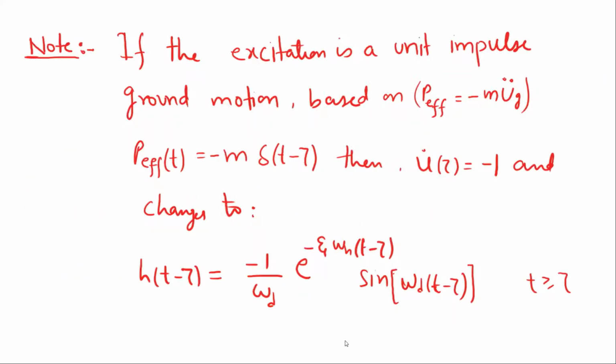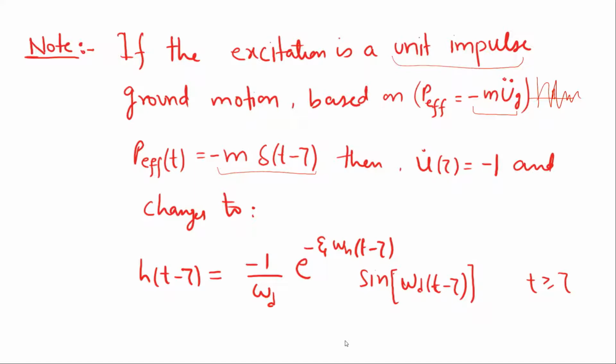So if the excitation is a unit impulse, unit means one value, for ground motion the P effective equals minus m delta (t minus tau), meaning the impulsive force is acting. Here we have seen the ground acceleration complete, but we are just taking a unit impulse, a very small impulse, one of the impulses from there.